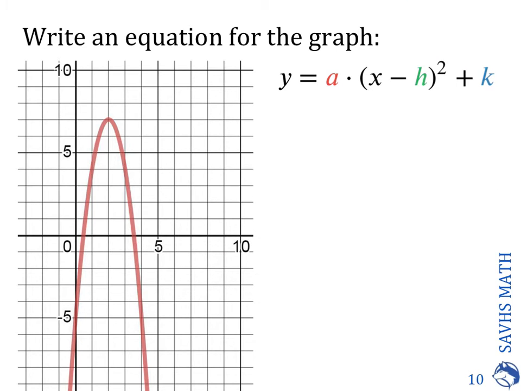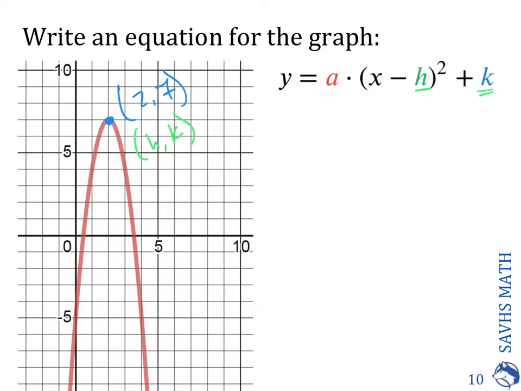Ooh, this looks like an interesting problem. This time I gave you the graph instead of the equation, and I'm trying to find the equation for this function. This point right here is the vertex, and it's the point (2, 7). The vertex was the point (h, k), and here's where h is and here's where k is.